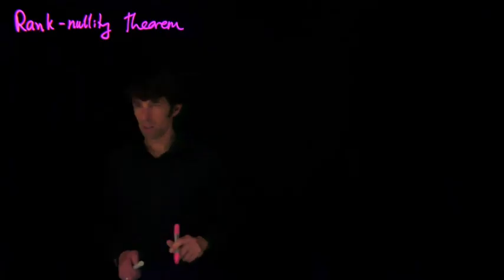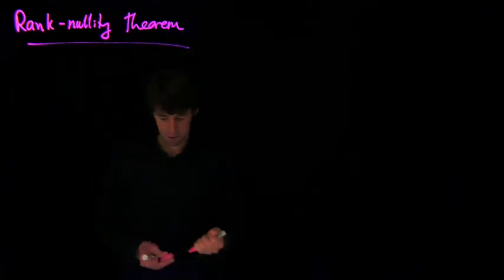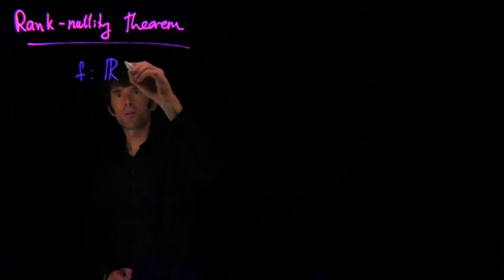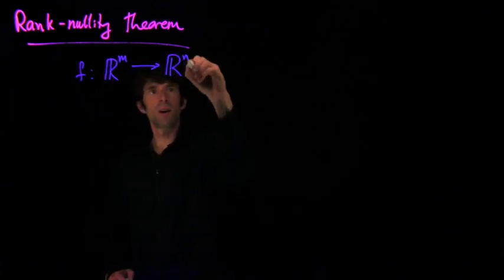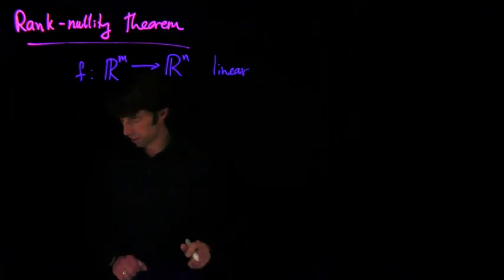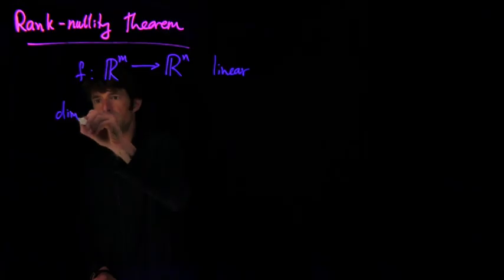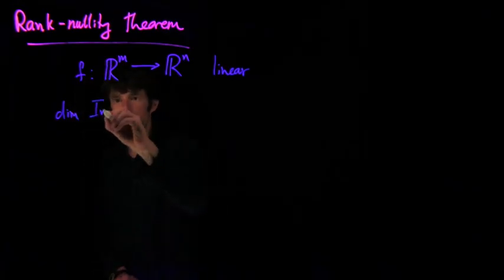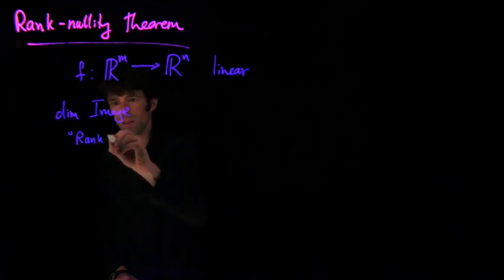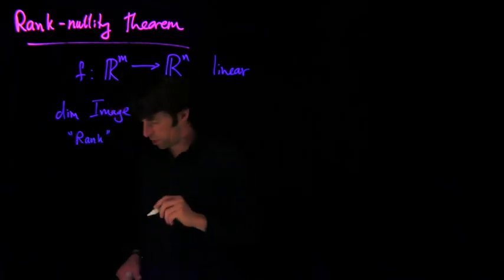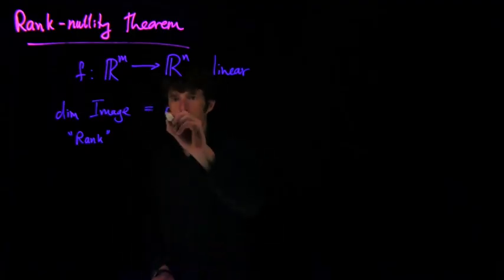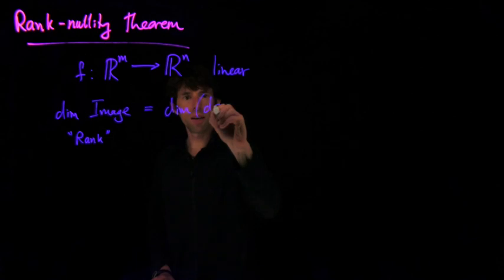The rank nullity theorem says if we have a linear map F going from Rm to Rn, so this corresponds to some matrix, but I won't bother writing down the matrix, then the dimension of the image, which is called the rank of this linear transformation, or the associated matrix, is equal to the dimension of the domain.